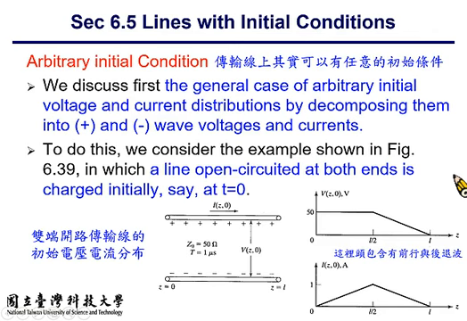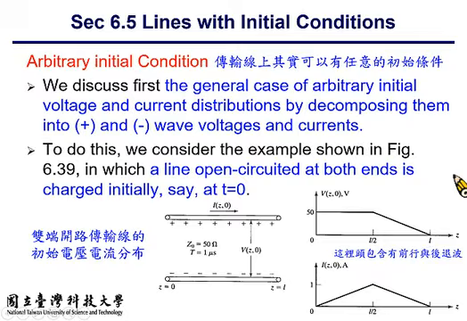Note that on this graph, you can see that the voltage is not evenly distributed. The current is not evenly distributed as well. So what does this result suggest? This suggests that there is some energy still bouncing back and forth, going to the left, going to the right, on this transmission line.